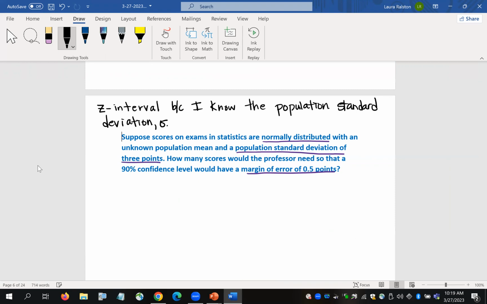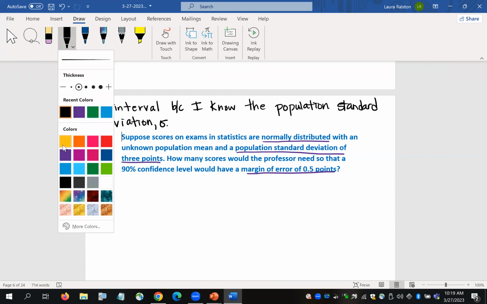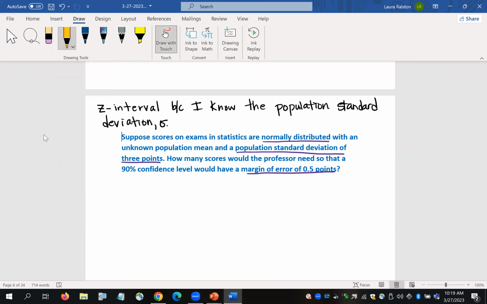And I hope the fact that it says how many scores, that's the question, lets me know that I'm trying to figure out the sample size.